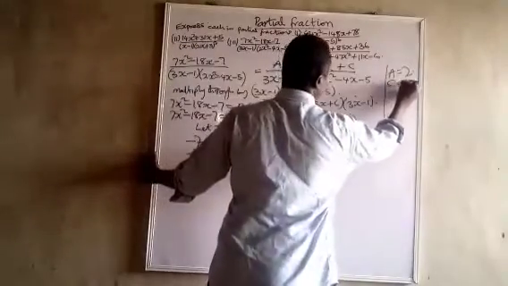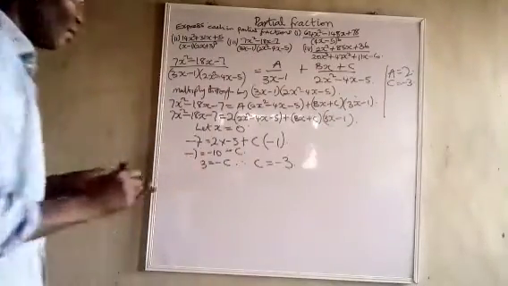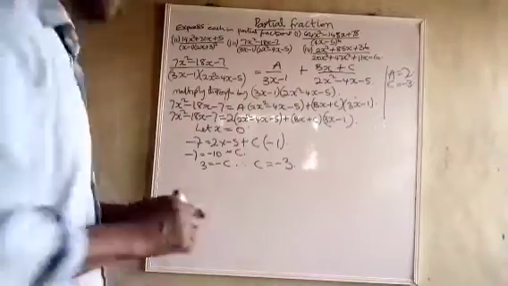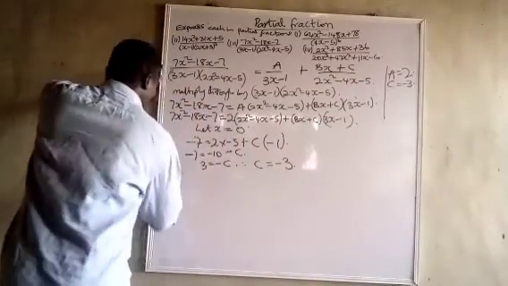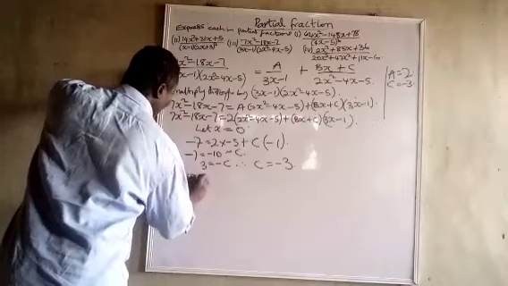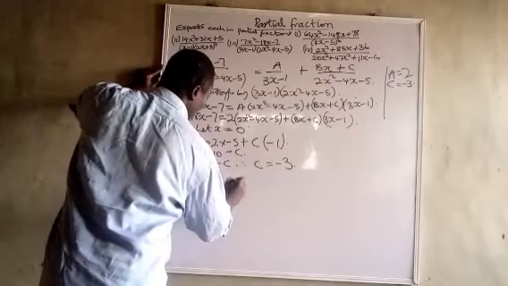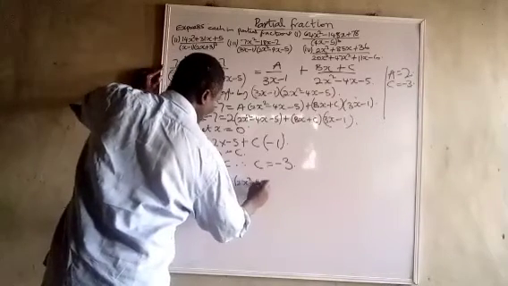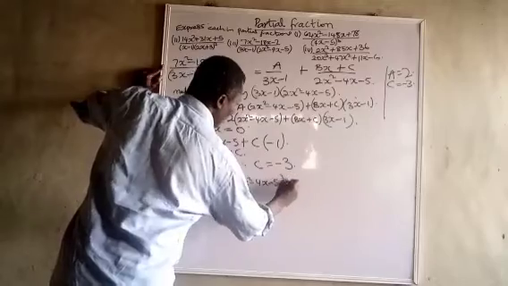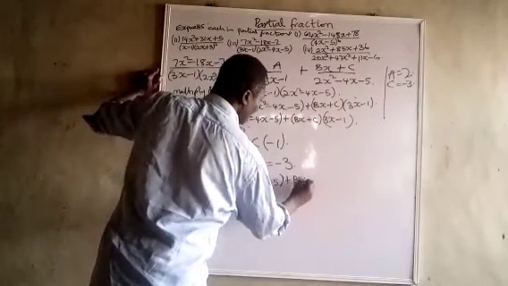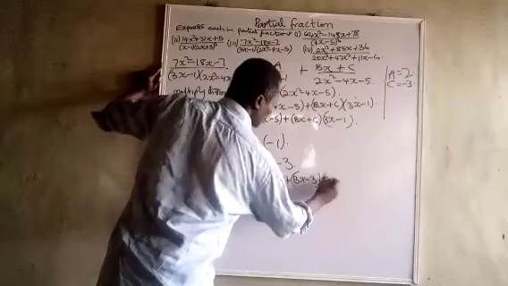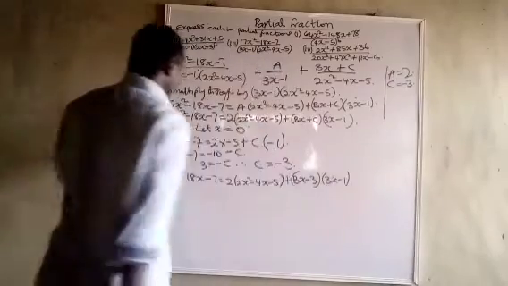So let me have it here. You can see, very simple. Now, I can bring this into this equation for ease. So I can now say 7x squared minus 18x minus 7 is equal to 2 into 2x squared minus 4x minus 5 plus bx minus 3 into 3x minus 1.